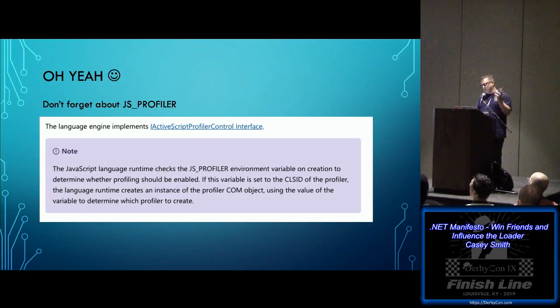Oh yeah, there's another one kind of related to .NET, JSProfiler. Some of you may have heard of this. If you like JScript and debugging JScript, there's a really cool environment variable called JSProfiler that will load anytime a script host starts. That's also interesting, especially if you're doing dynamic analysis or you want to collect some data about a script, but also interesting if you wanted to inject a DLL into any script that ran.